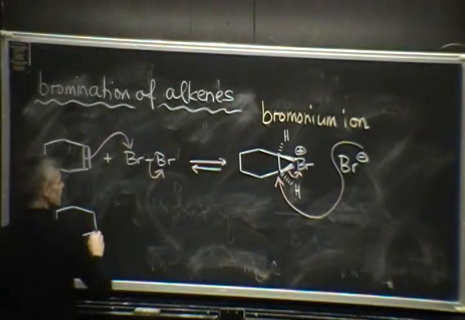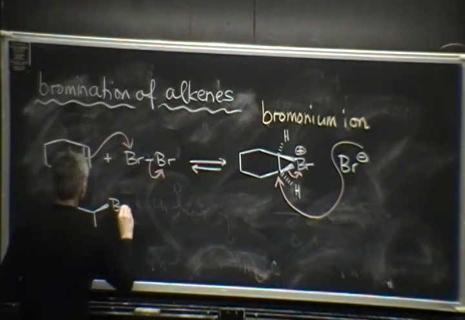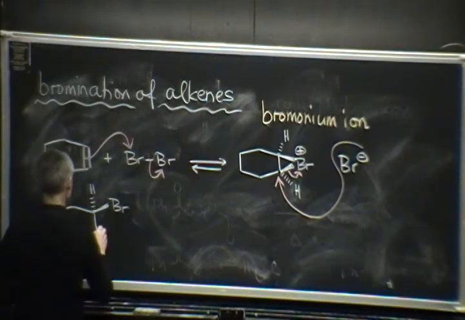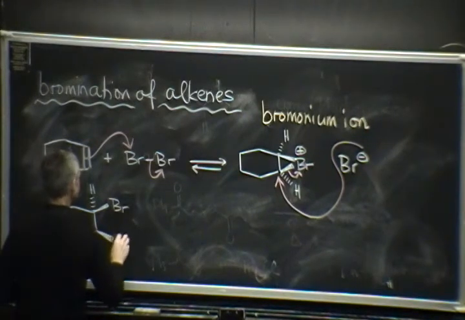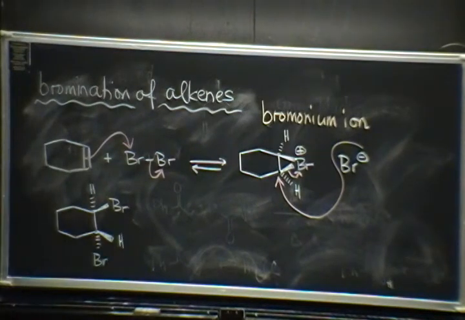So now our product, a neutral species now, has a defined configuration where Br2 is added across the double bond, and I get the trans product.